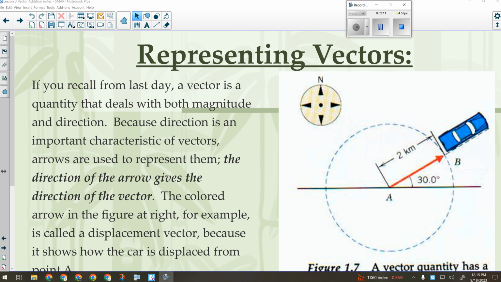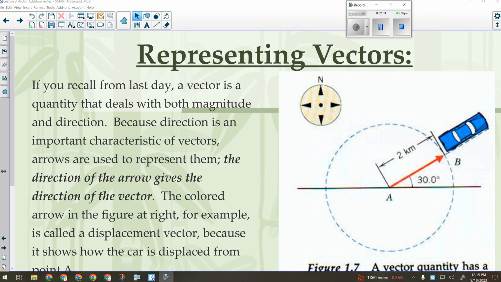So for this very simple vector right here, this would be a 2-kilometer vector, 30 degrees north of east. Why did I say it that way and not northeast? It's not directly northeast, but it's not in the middle.